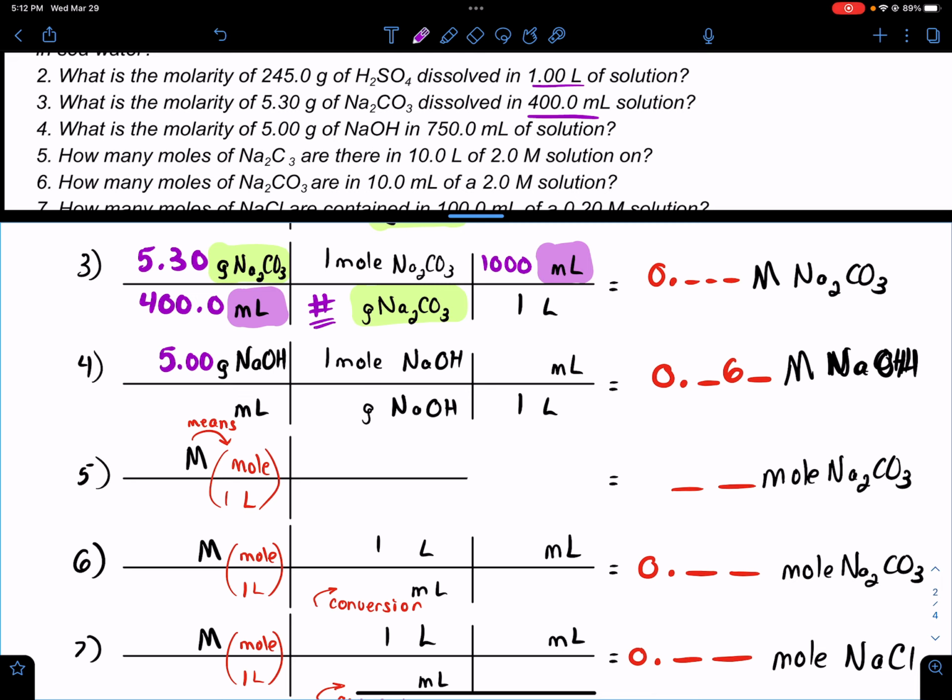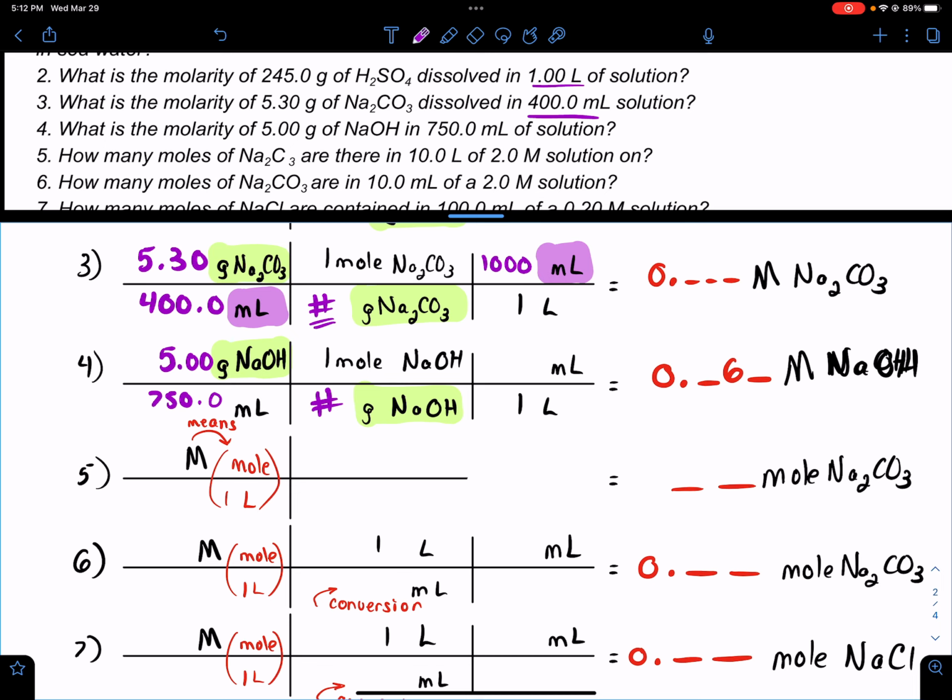You're going to have that in 750 milliliters. Just as normal, these two values here are going to get cross-canceled. You'll have to look up the molar mass of sodium hydroxide on the periodic table. And then by doing that, that crosses it out, and you end up with moles on the top.